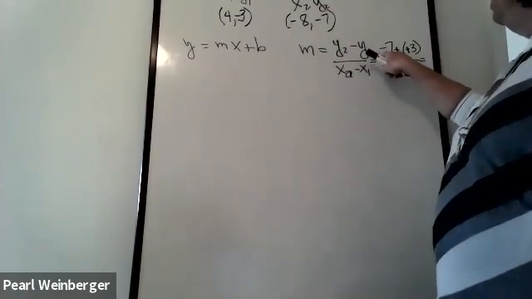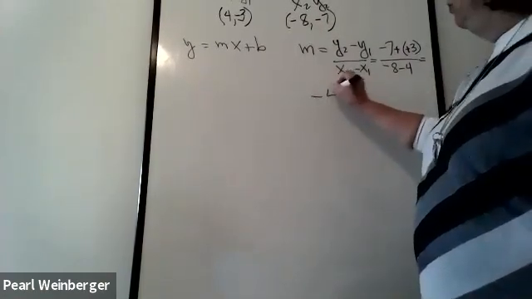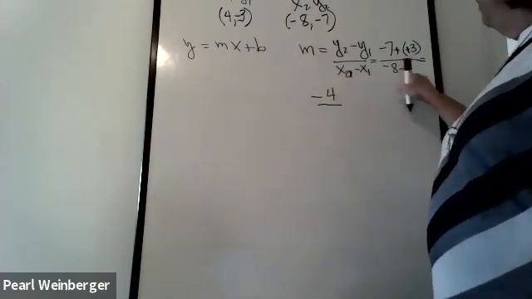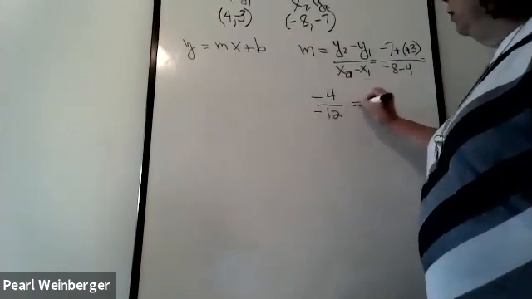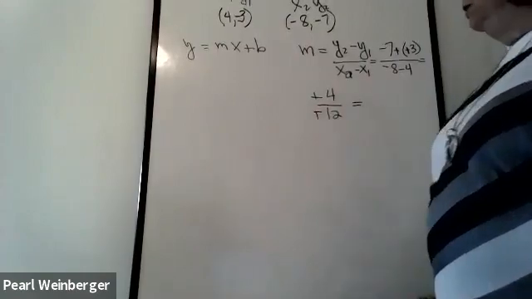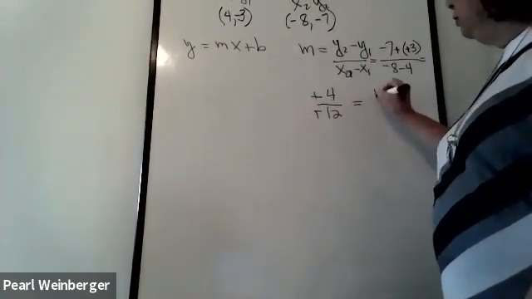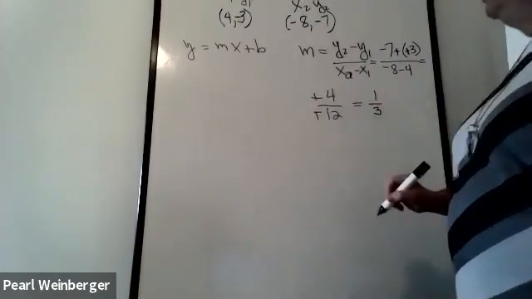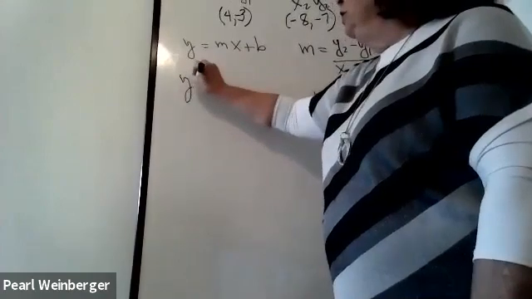So this becomes -7 plus 3, which is -4, and -8 minus 4 is -12. First of all, a negative over a negative becomes a positive, and this can be reduced: 4 over 12 reduces to 1 over 3. The slope of this line is 1/3.